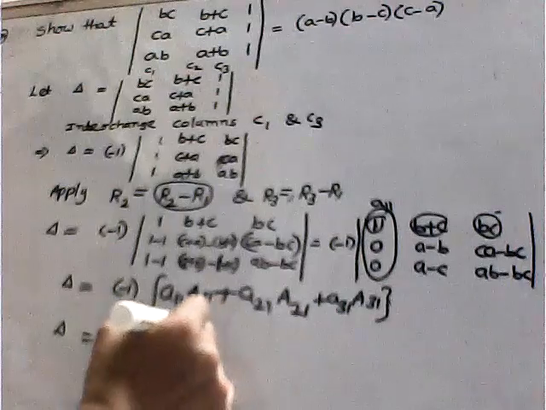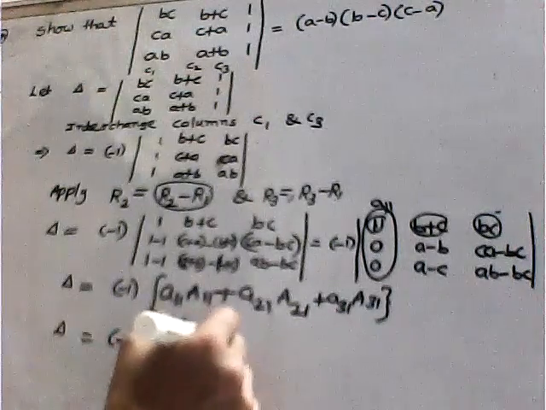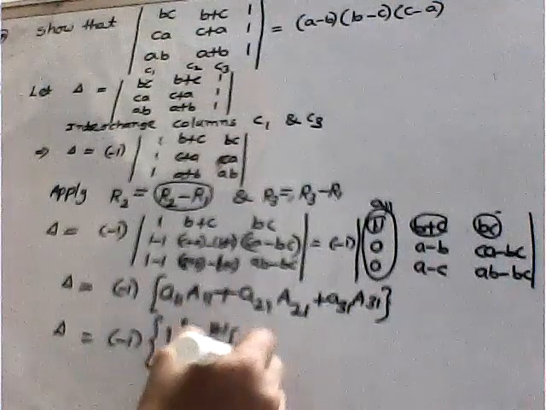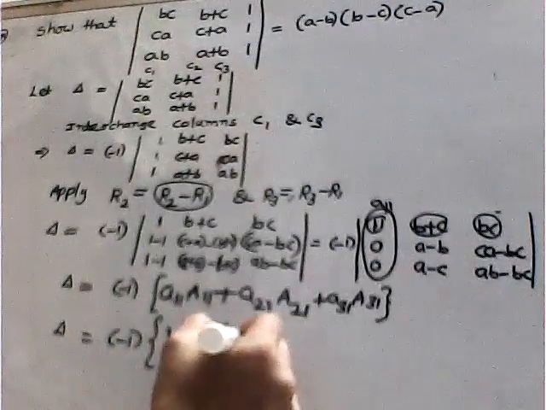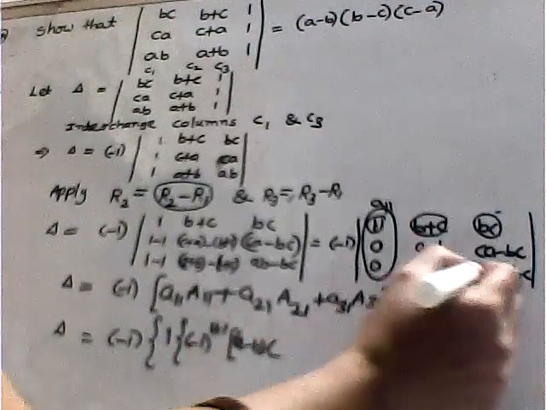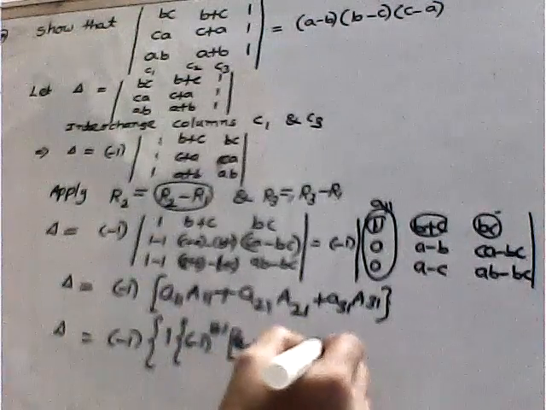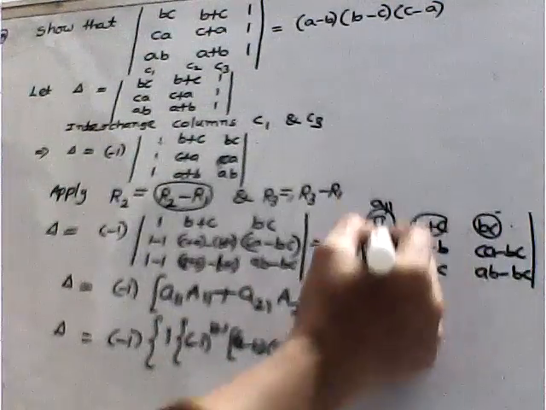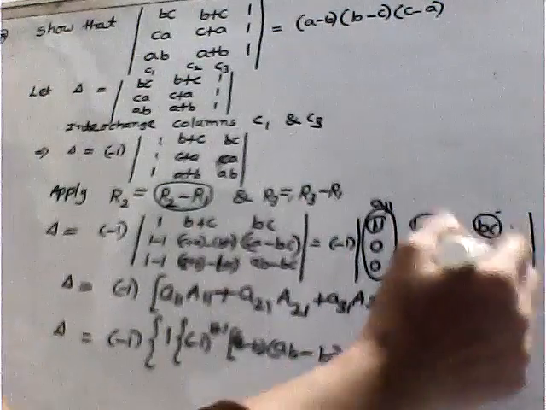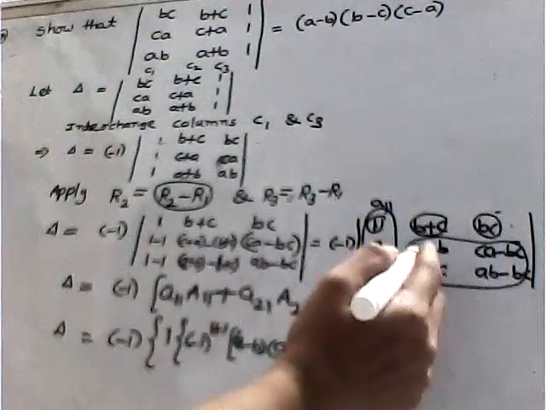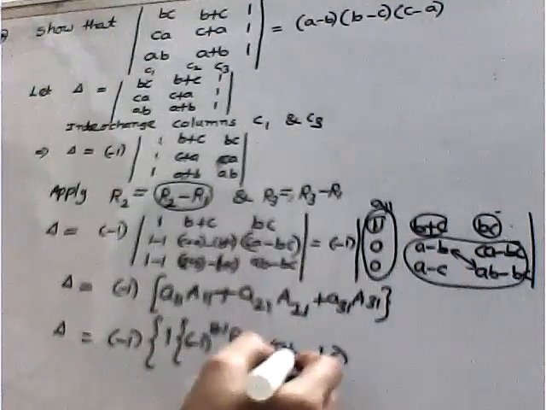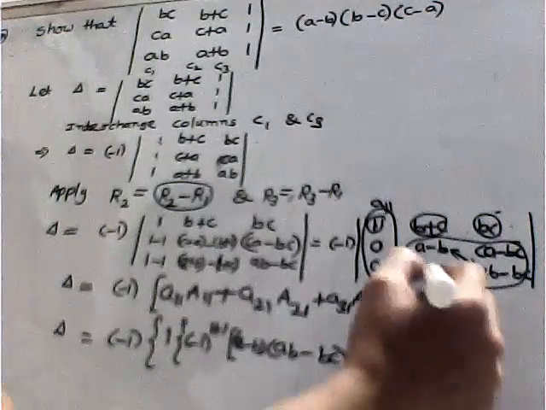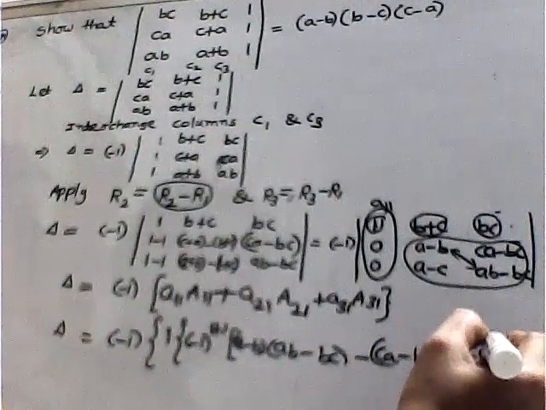Next, the minor value is A minus B into AB minus BC, minus CA minus BC into A minus C, obtained by removing the first row and first column.